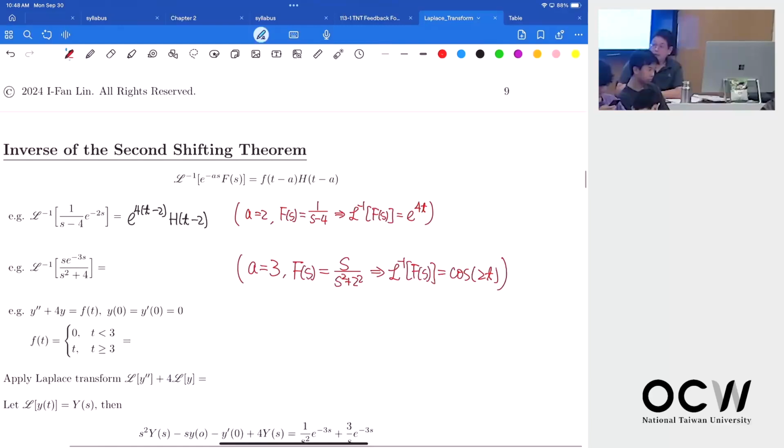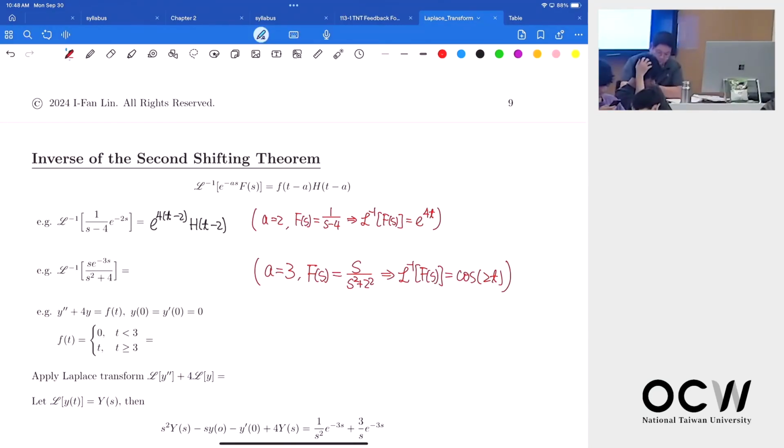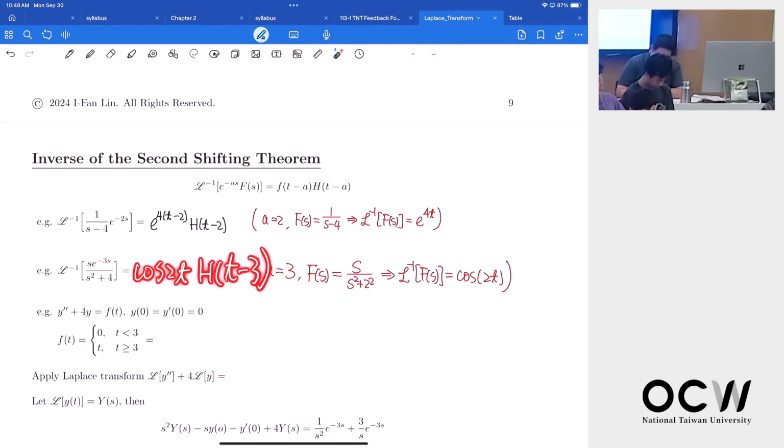All right. Then your answer is h(t minus 3), right? And then you will say, oh, this is cosine 2t, so cosine 2t times h(t minus 3), right? Then compare to here.